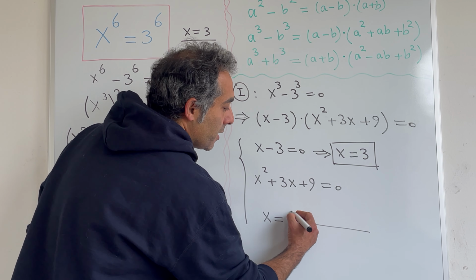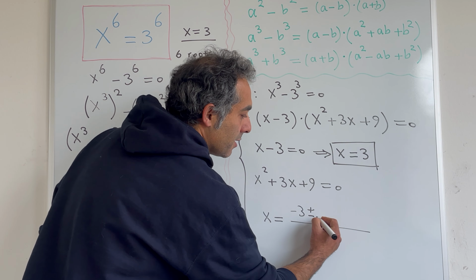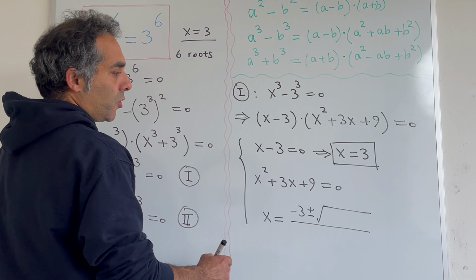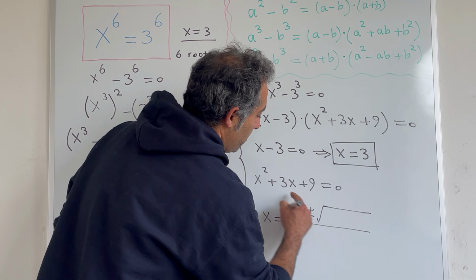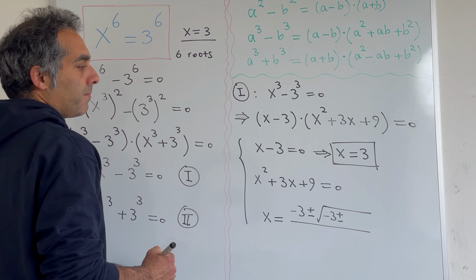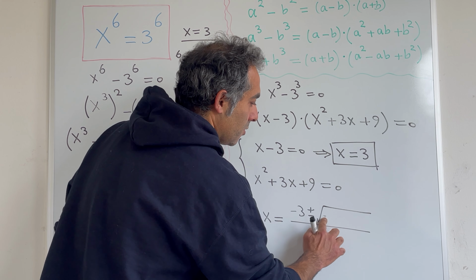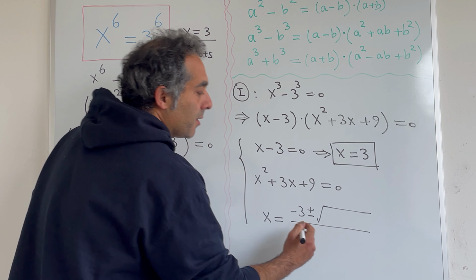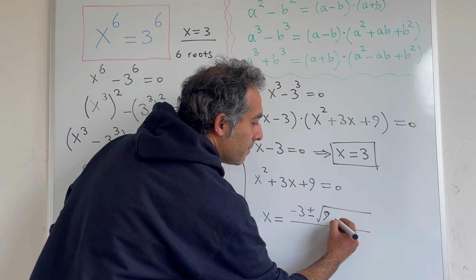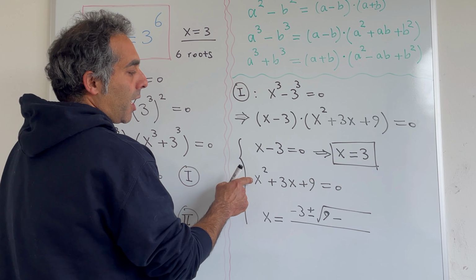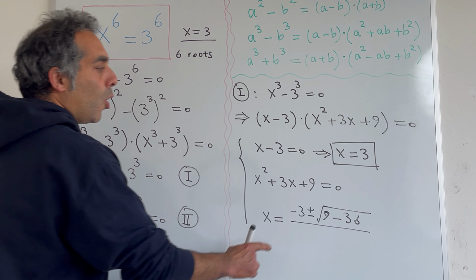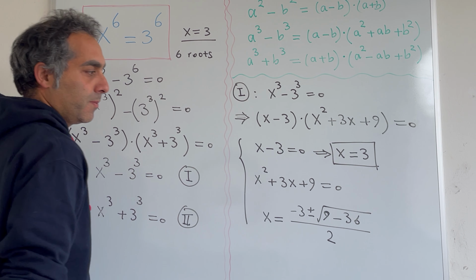You know, minus 3 plus minus the square root of b squared minus 4ac, so minus 3 plus minus the square root of 3 squared, which is 9, minus 4 times 1 times 9, 36, over 2 times 1, which is 2.